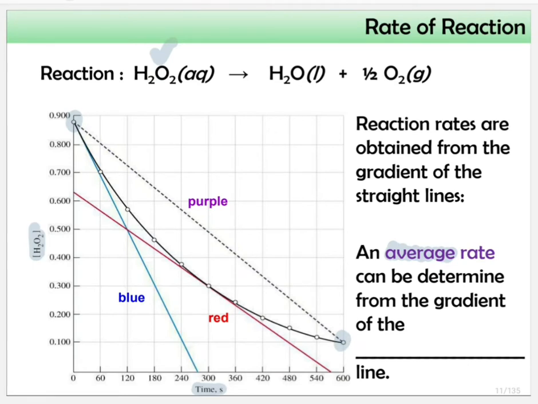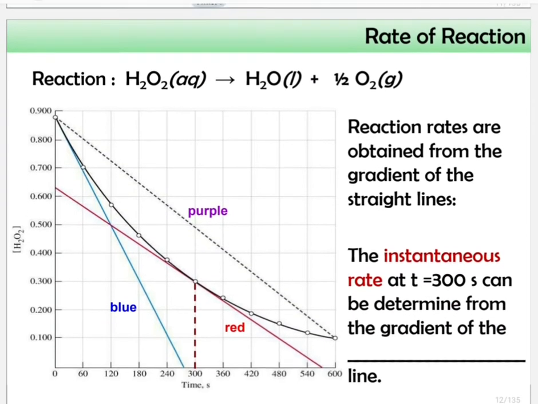Okay, jadi ini, you draw the line, mesti sentuh point yang pertama dan point yang terakhir. Jadi, daripada straight line tersebut, kita akan cari gradient. So, the gradient from this purple line is the average rate. Okay, jadi kita boleh cari daripada purple line. Okay, so that's for average.